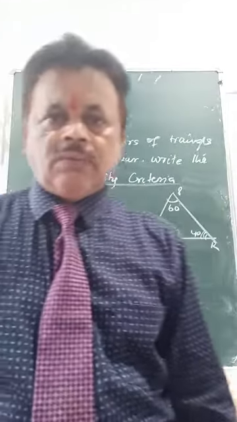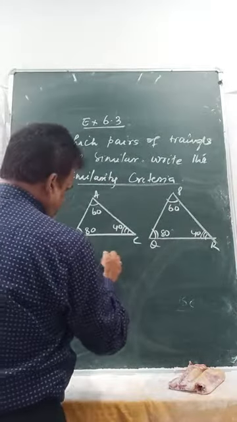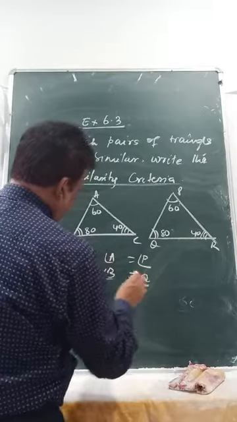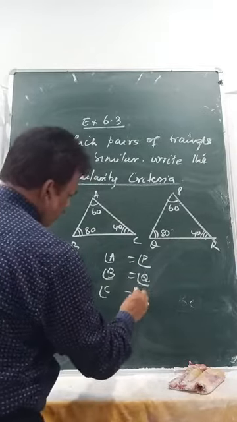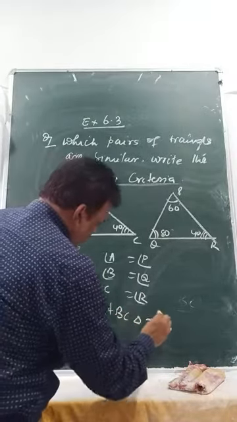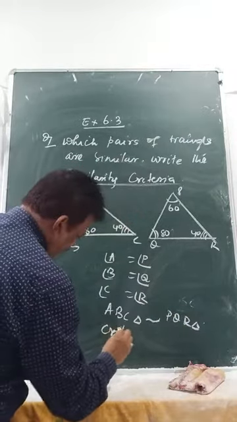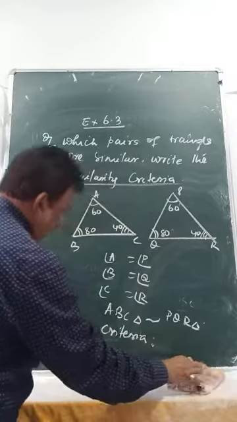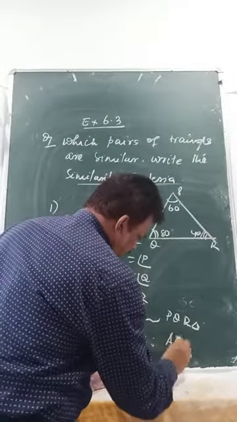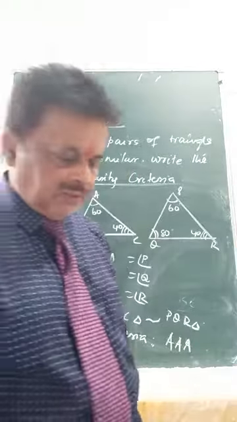So, what criteria are you finding? Corresponding angles are equal. You can write angle A equals P, B equals Q, C equals R. So you can write triangle ABC is similar to triangle PQR. The criteria will be what? Angle, angle, angle. Corresponding angles are equal.